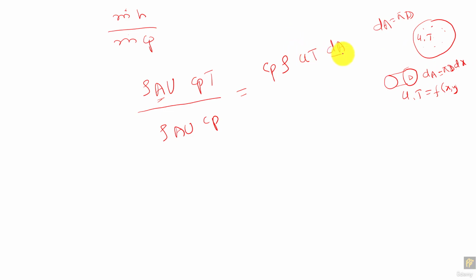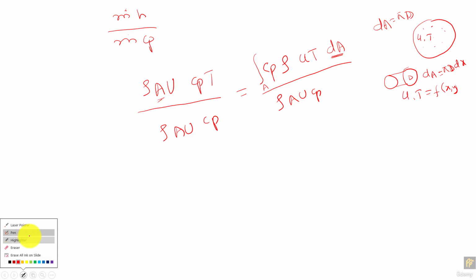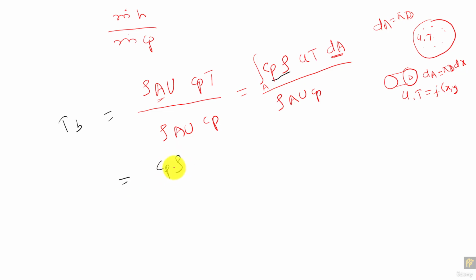So I'm going to integrate this over the whole area. This is the dA, and to counter the differential, we have to put the integral here, divided by rho A u Cp. Okay, so from here this Tb would be equal to, now the Cp and the density are constant, they are not functions of temperature or pressure.